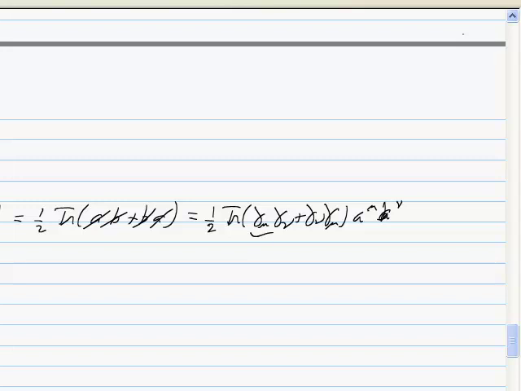That's 2g mu nu. So this is then 4, since it's 2g mu nu times the 4 by 4 identity matrix, for A dot B. Okay.